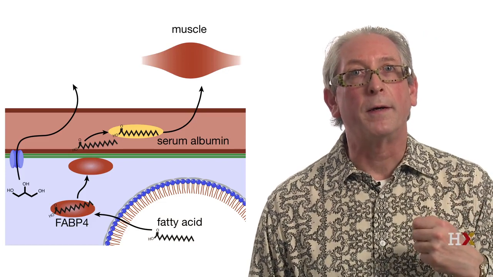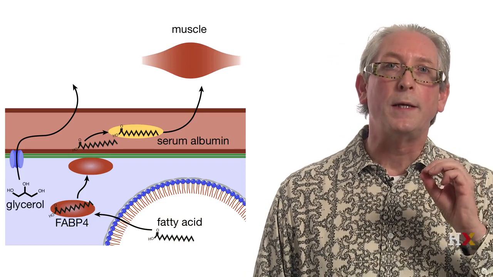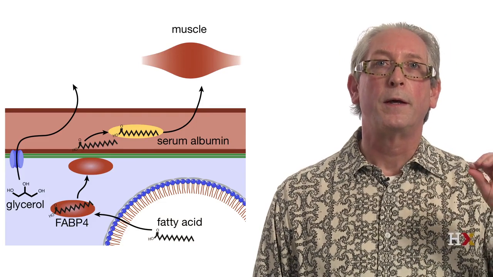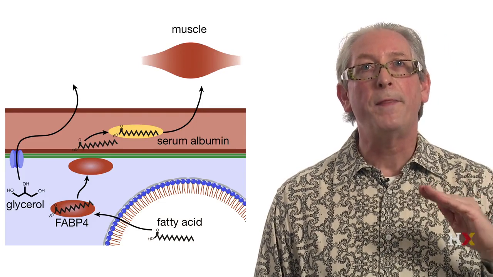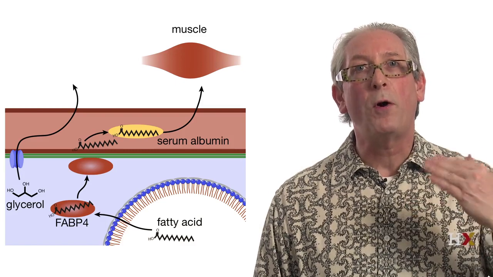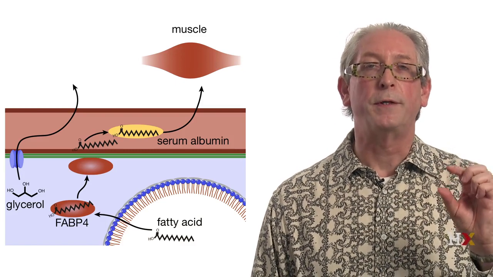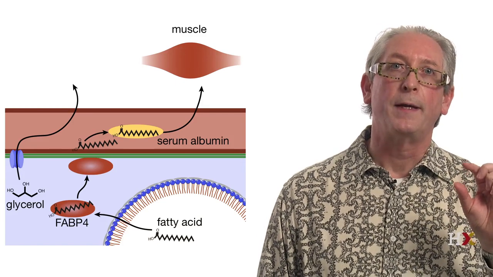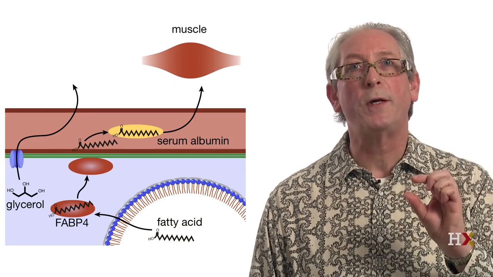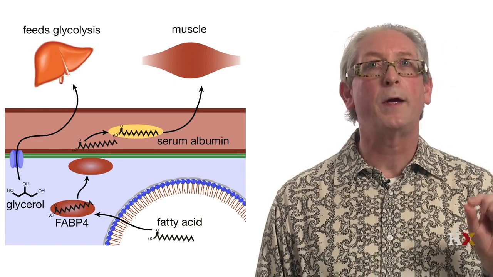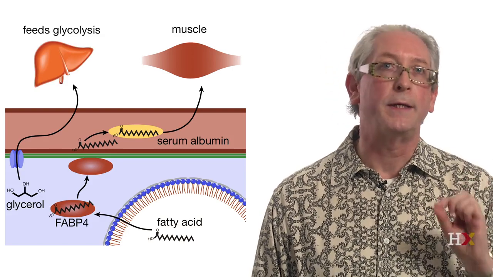The glycerol will diffuse in the cytoplasm and then will be exported to the bloodstream through a channel protein called aquaporin. And then in the bloodstream, it will travel to the liver where it will enter the glycolytic pathway.